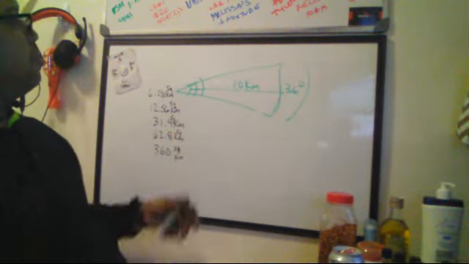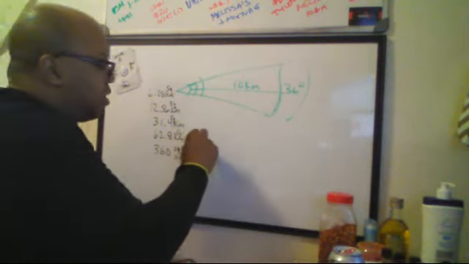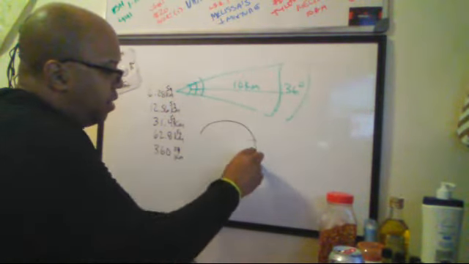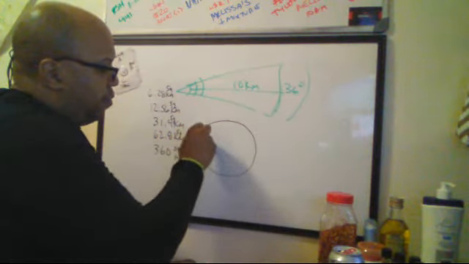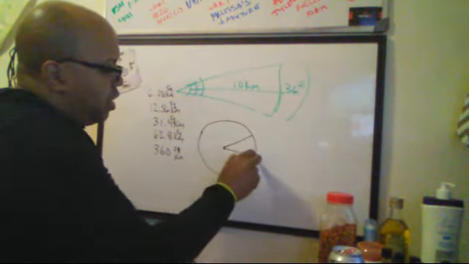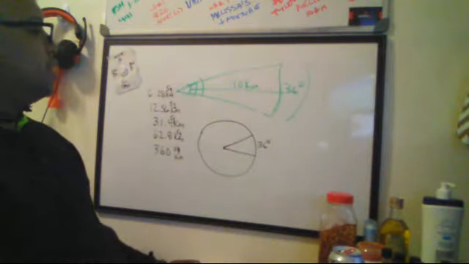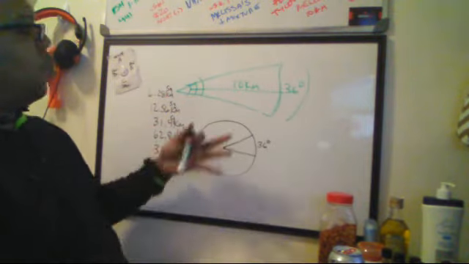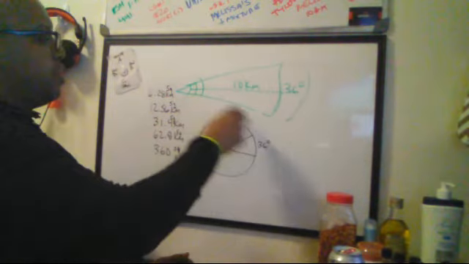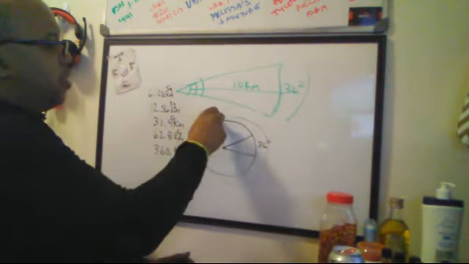Now, most people look at this and think, oh man. But if you think about it, it's really not that bad. If you think of a whole circle, this is only covering 36 degrees. So this is actually 1/10, because there's 360 degrees in a circle.